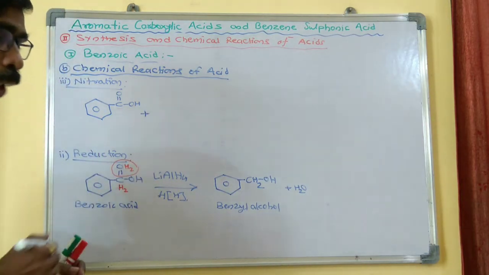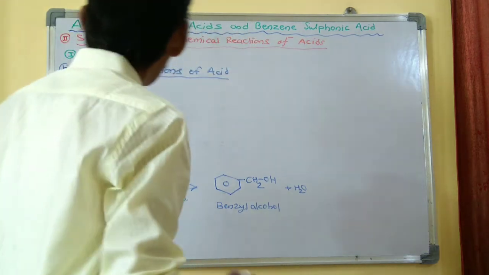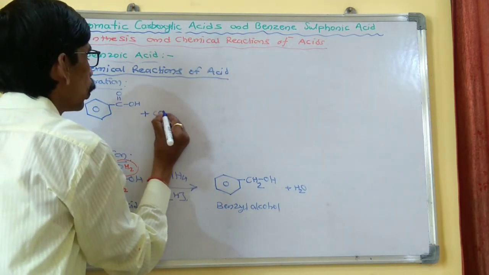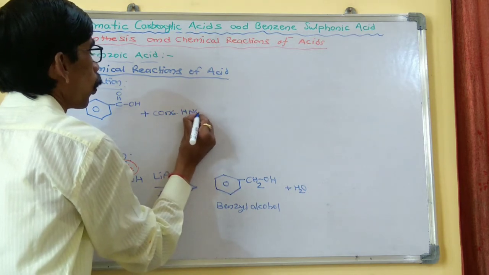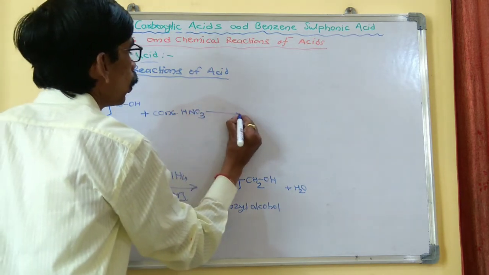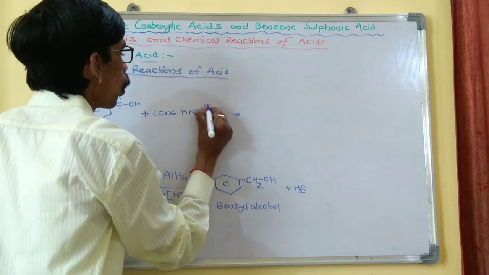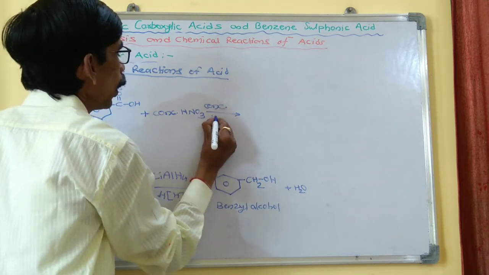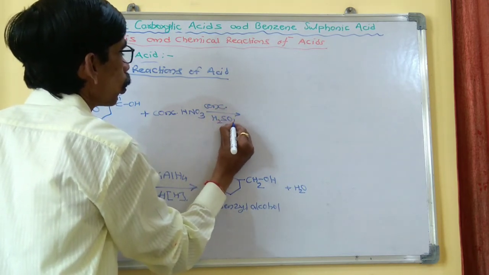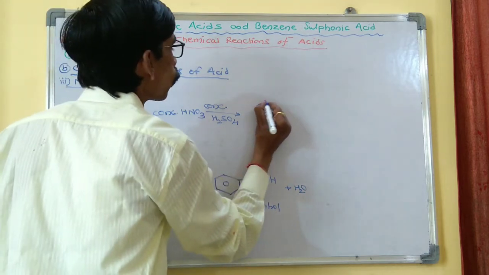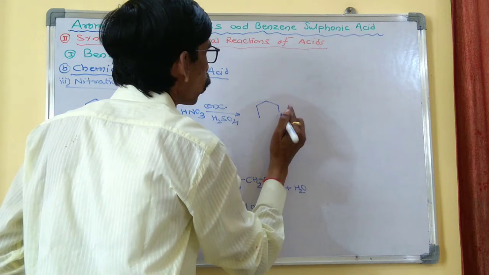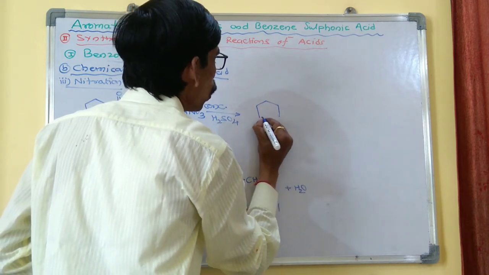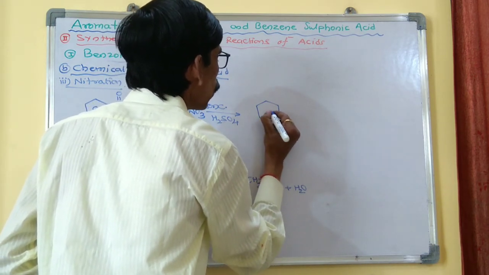So when this benzoic acid is treated with concentrated nitric acid in the presence of concentrated H2SO4, it gives meta nitrobenzoic acid.